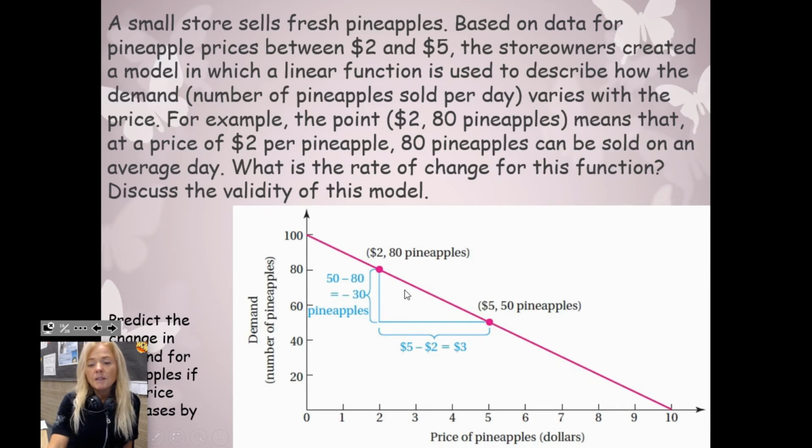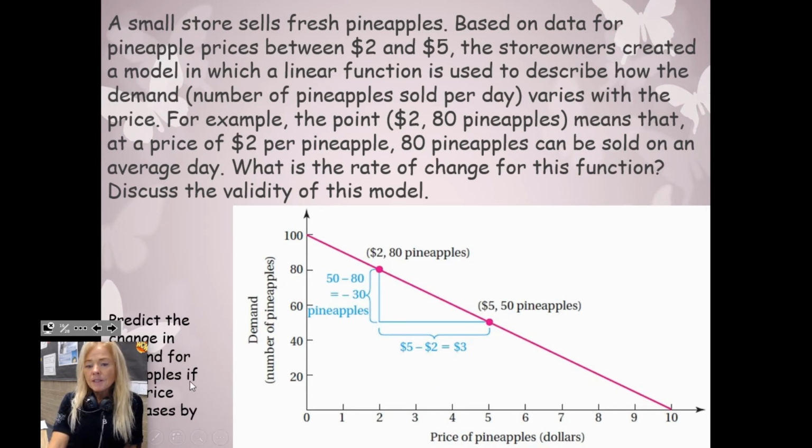To put that in a rate of change, you would have the vertical change divided by the horizontal change, or the dependent variable change divided by the independent variable change. So negative 30 over 3 is negative 10. So the rate of change for this function is negative 10, and it's per dollar of the price of the pineapples.